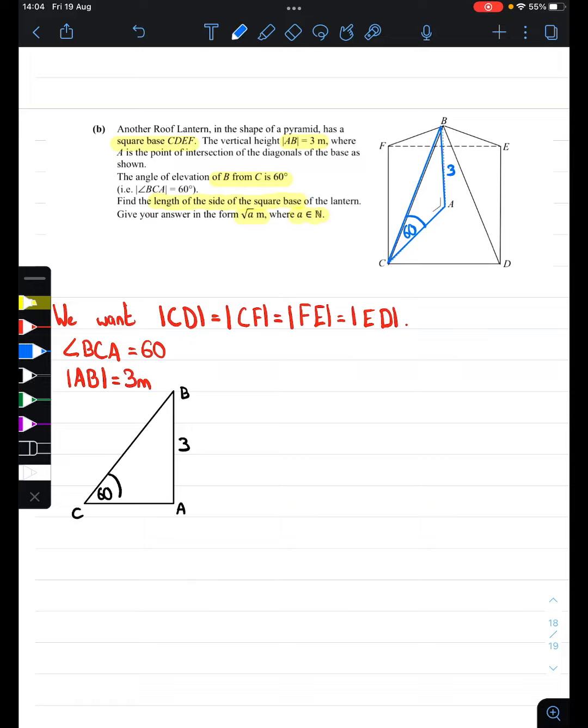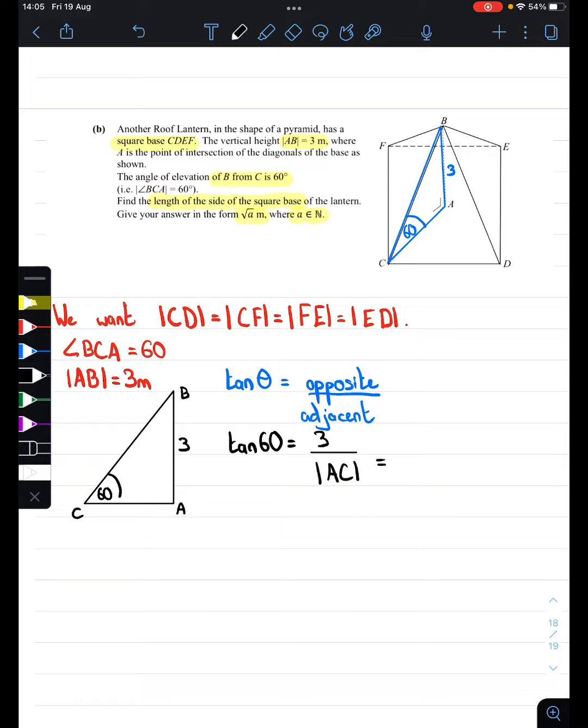We know that tan of theta, so we have the opposite when we're looking for the adjacent. So we know that tan of theta is the opposite over the adjacent. So tan of 60 is equal to 3 over the length AC.